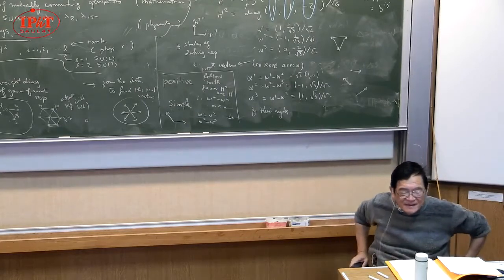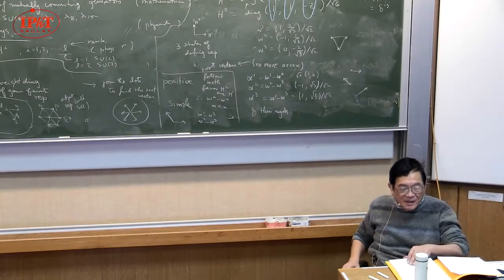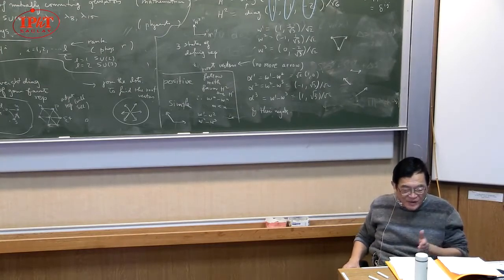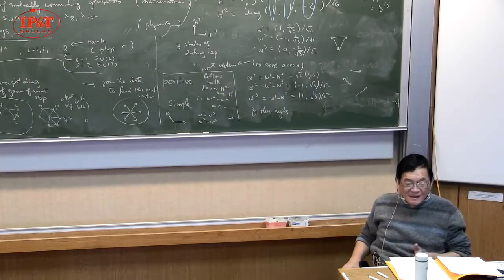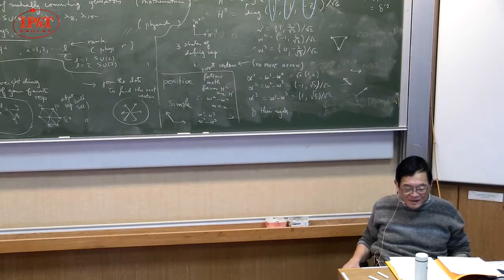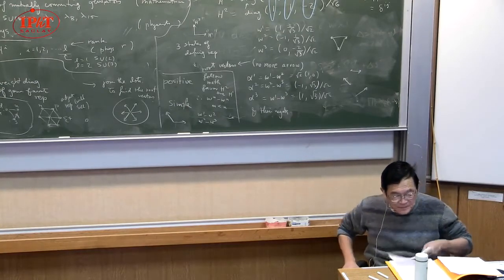Pedagogically, it's actually clearer if we do the SO groups. I also want to do something different, because we have spent a lot of time on SU(3). Let's do the SO groups.